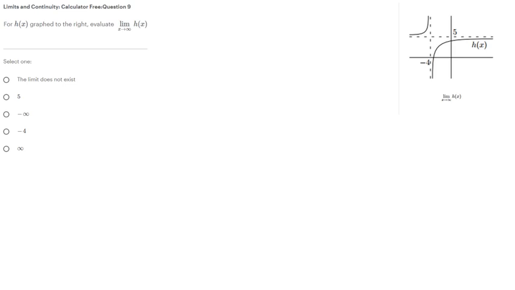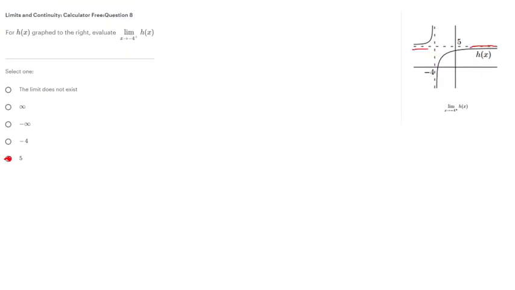For the h of x graph to the right, evaluate the limit as x approaches infinity for h of x. So there's a vertical asymptote here. Sorry, I misread this in the last question. So actually, this is not correct.